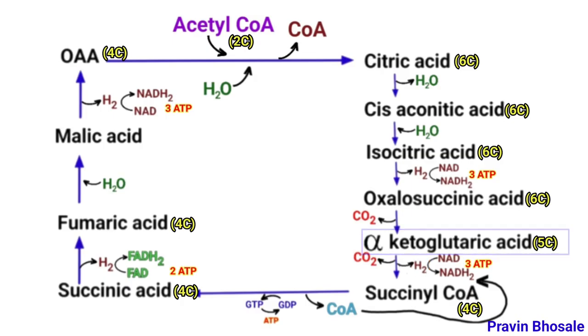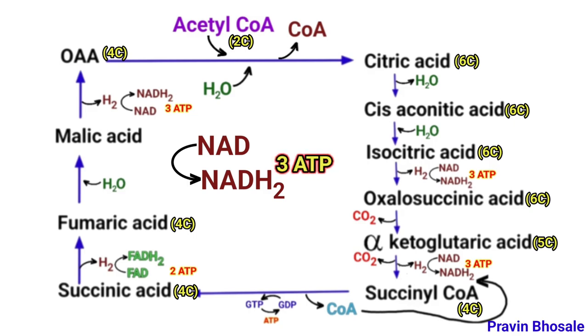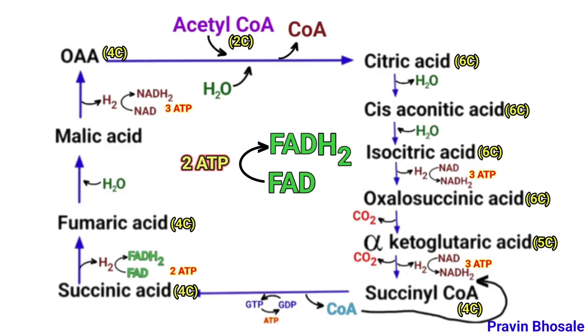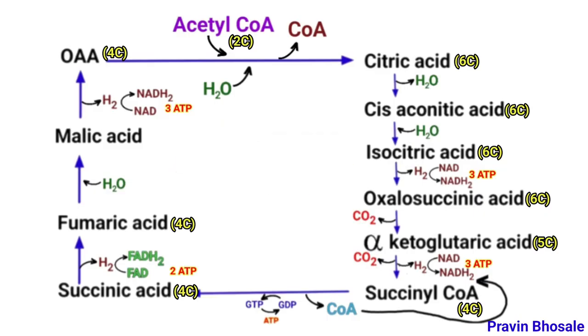This is accepted by NAD to form NADH2. And here also 3 ATP molecules are formed. What I mean to say, when NAD is the hydrogen acceptor, 3 ATP molecules are formed. And when FAD is the hydrogen acceptor, 2 ATP molecules are formed. This we will study in the electron transport system.